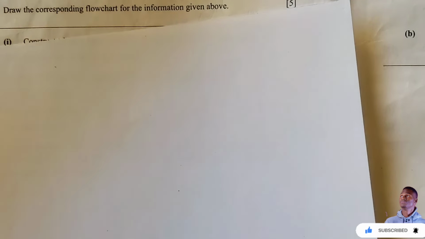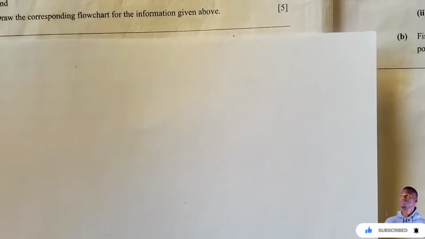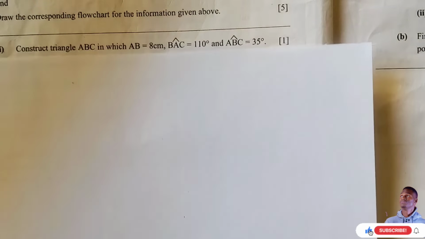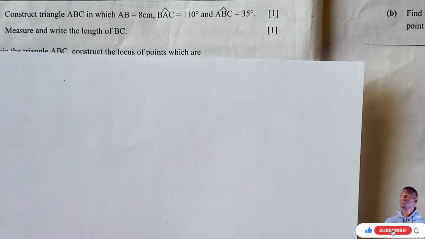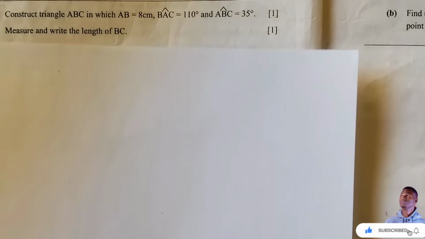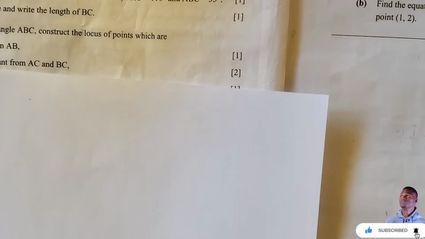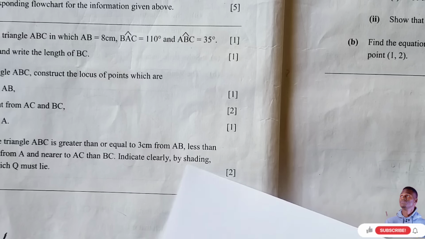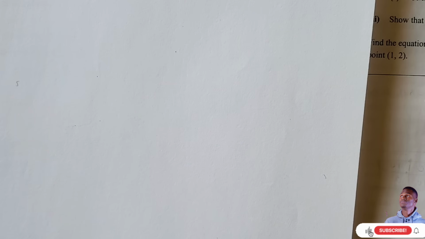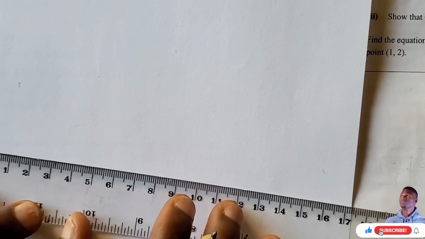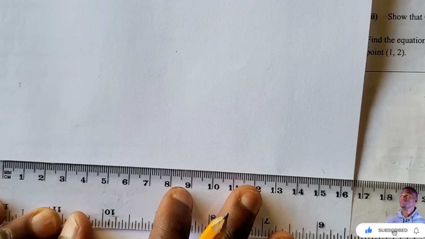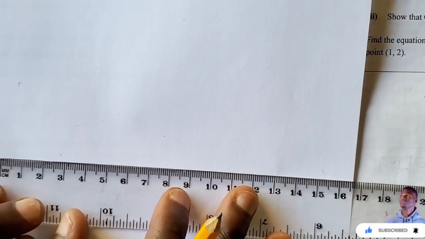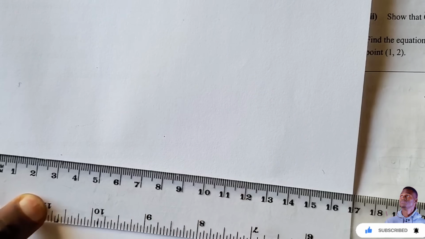Okay? So here, what you do is very simple. Constructing the first length: the first length becomes the base line. The first length here is AB. So you go just in the middle of your paper and measure AB, and say it's how many centimeters? 8 centimeters.